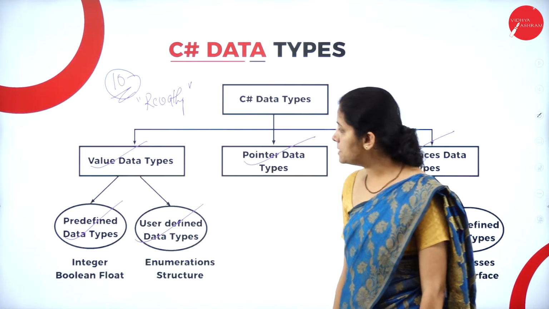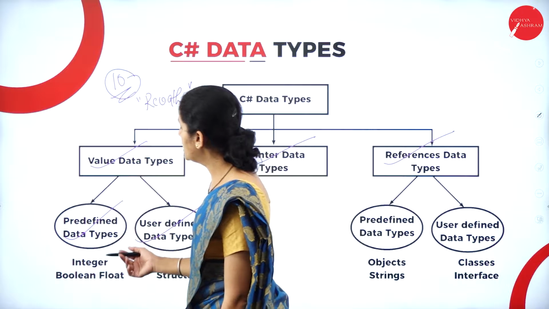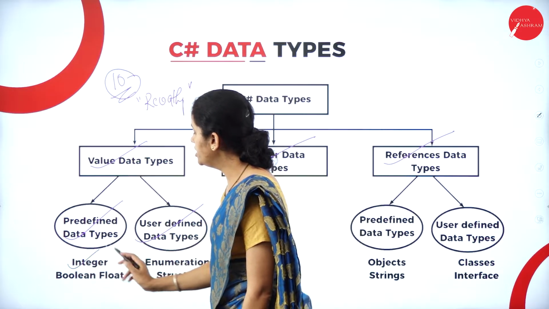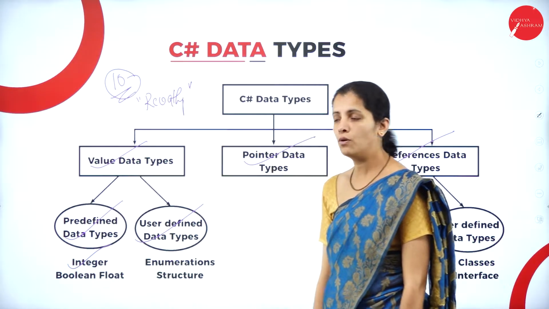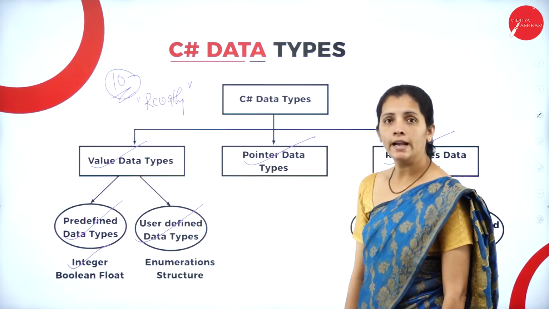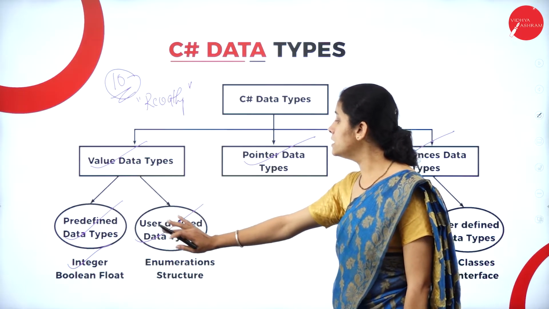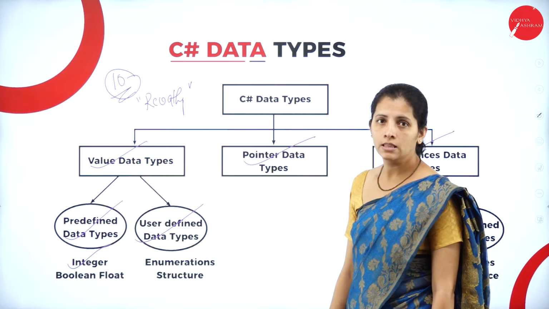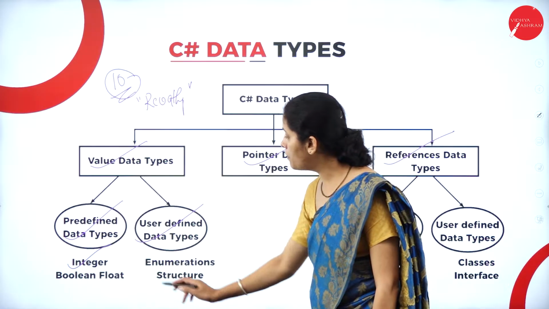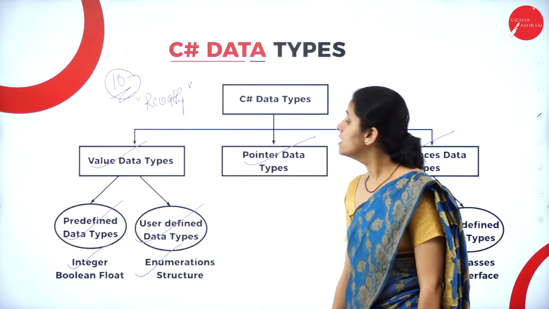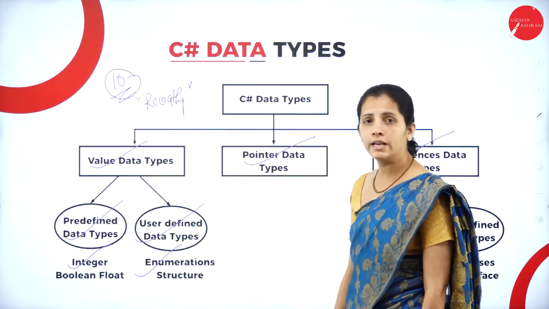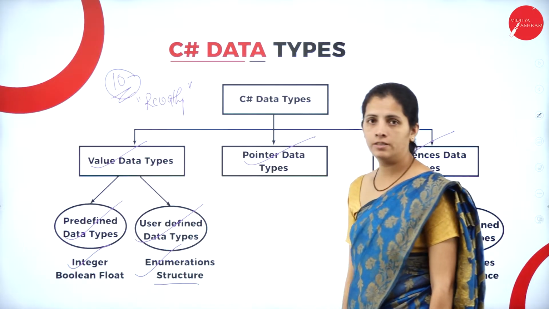Some examples of predefined data types are integer, boolean, float, etc. And examples of user-defined data types are enumeration and structure.